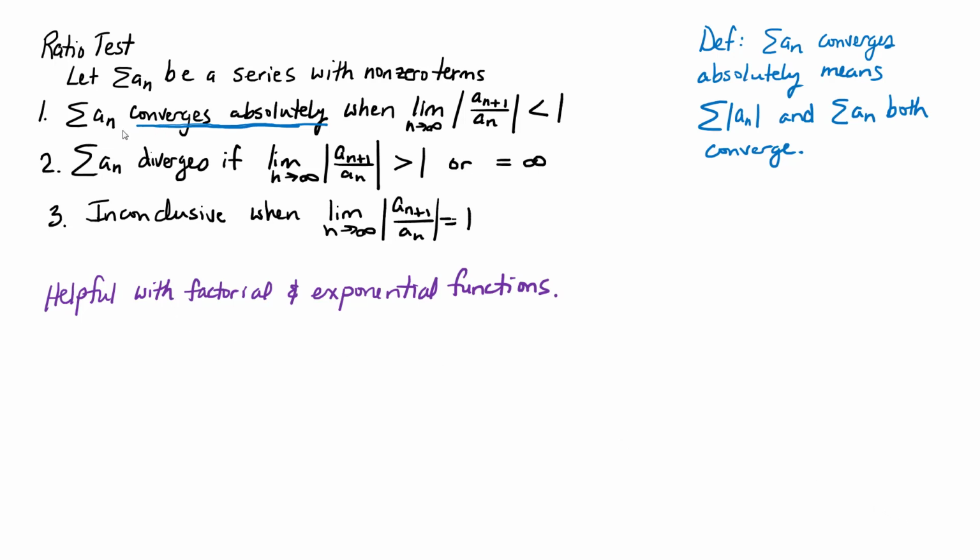It says that a series of non-zero terms will converge absolutely when the limit as n approaches infinity of the absolute value of the ratio of the terms, a sub n plus 1 over a sub n, is less than 1. It diverges if that same limit is greater than 1 or equal to infinity, and it's inconclusive when the limit equals 1. So let's look at an example where we use this test.